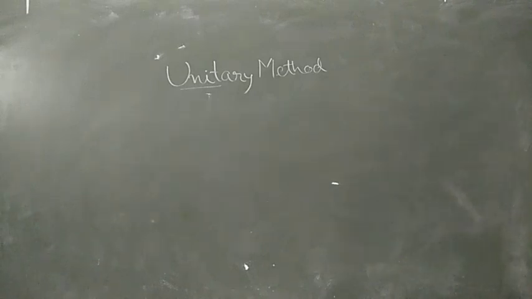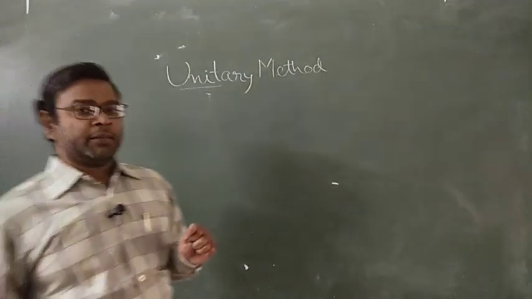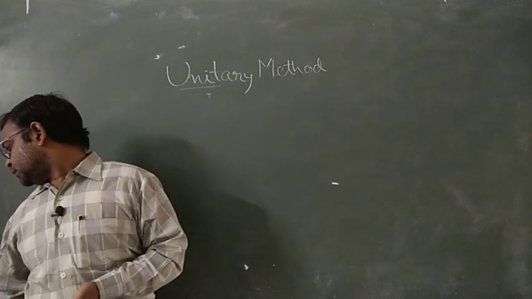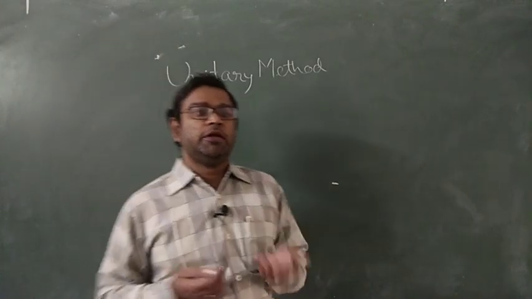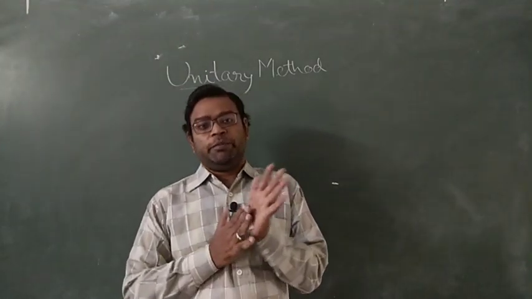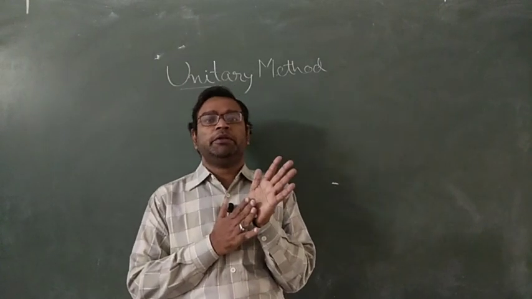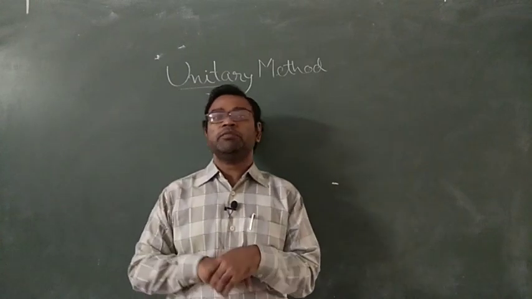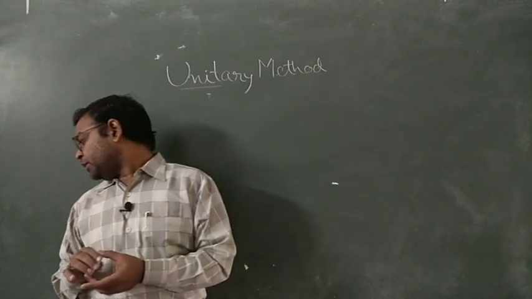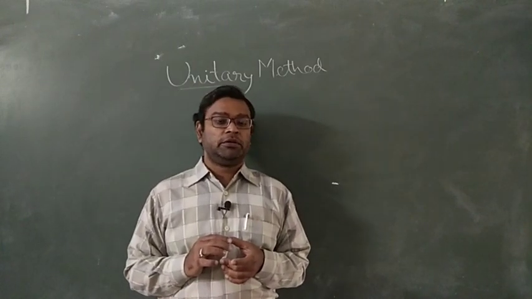In this book there is a question, question number 3. It is given that the cost of 5 pens is rupees 115. The question asked is just the opposite: how many pens can we buy in rupees 207?